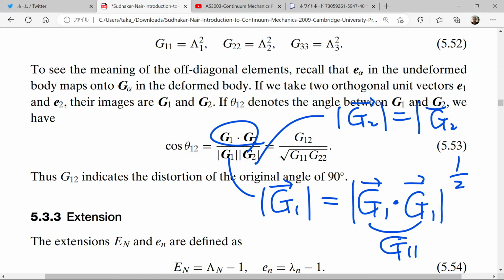G2 vector dotted with G2 vector to the power 1 half. So then this is G22 to the 1 half. So you obtain this one. Thus, G12 indicates the distortion of the original angle of 90 degree.